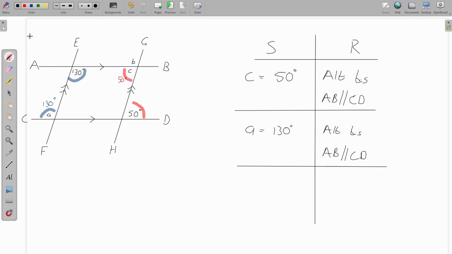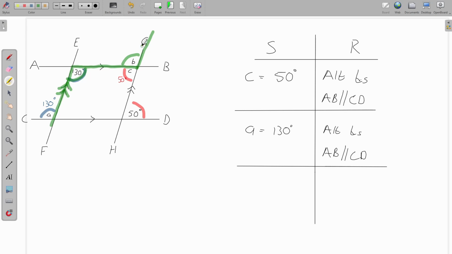Now finally, let's have a look at B. If I look carefully, I have a stretched out N here, which means that B and 130 are also alternate angles. Are the arms or legs of the N parallel? Yes.